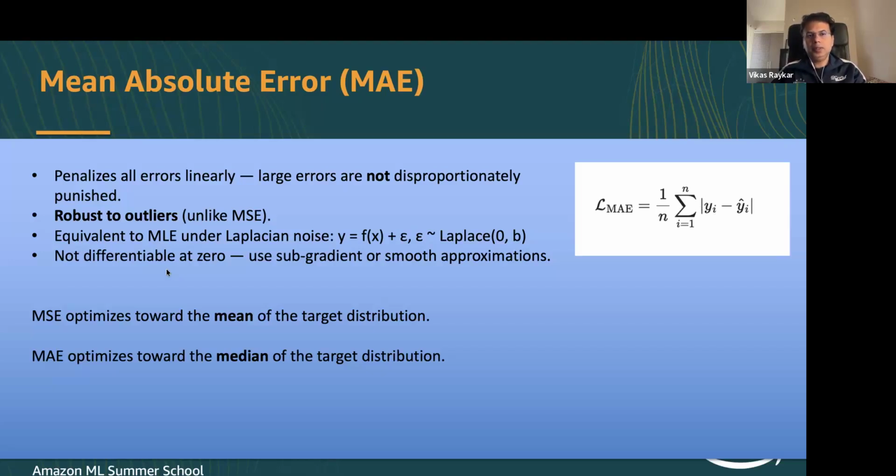One thing to notice is that MAE is not differentiable at 0, but in practice we use subgradients or smooth approximations. A side note: mean squared error optimizes towards the mean of the target distribution, whereas mean absolute error optimizes towards the median of the target distribution.